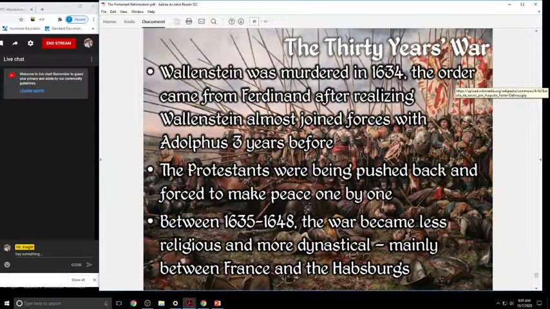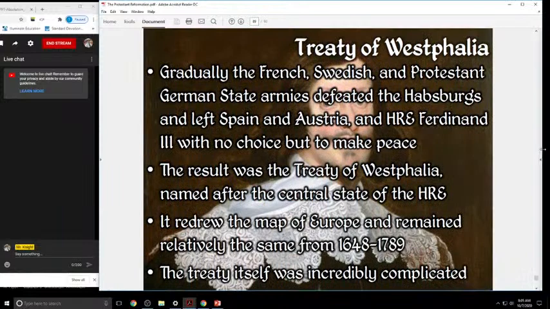The war becomes less religious, less about Protestantism versus Catholicism, and more dynastical, mostly fighting between the French and the Habsburgs, all right? Because remember, the French were really intimidated by the growing Habsburg presence. So gradually, the French, Swedish, and Protestant German state militaries, armies, band together and defeat the Habsburgs.